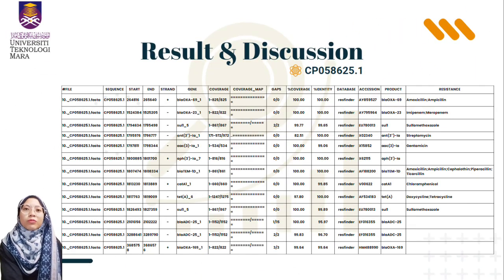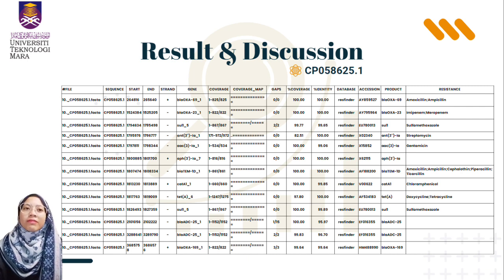Next, every kit produces a tab-separated output file with the following columns. The first column is the file name this hit came from, and the second, the sequence in the file name. The third is the start coordinate in the sequence. Fourth, the end coordinate. Fifth, the strand, either positive or negative. Sixth, the AMR gene name. Seventh, what proportion of the gene is in our sequence. 8.